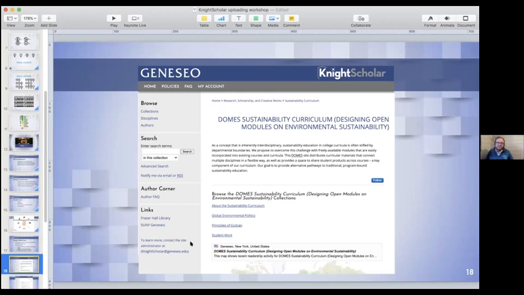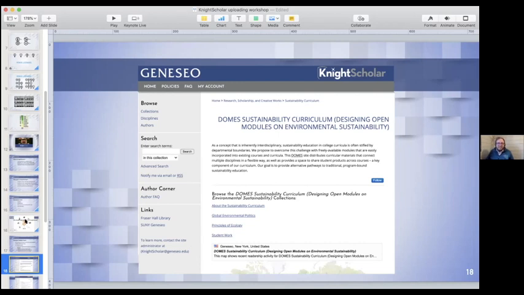And then we have Principles of Ecology, which was for Sue Ann's class. As other classes start using this material and start contributing to the DOMES project, we will see things in here from perhaps Spanish and perhaps English and other places across Geneseo who want to contribute to this larger sustainability curriculum.